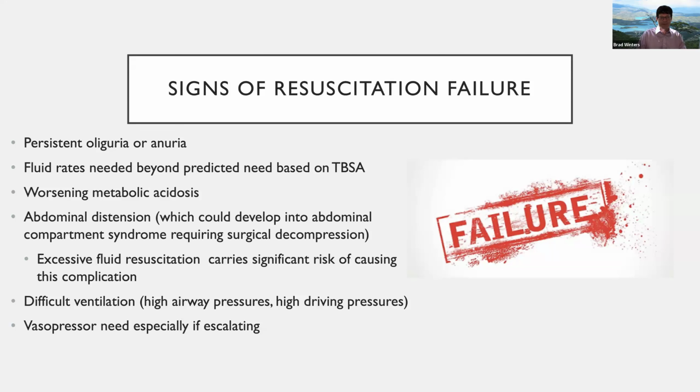Something else needs to happen. If the metabolic acidosis, if you're measuring pH on a blood gas, continues to get worse despite being at the top end of your formula that you're using, and abdominal distension. Abdominal distension is a sign of fluid over resuscitation and is a sign of resuscitation failure.